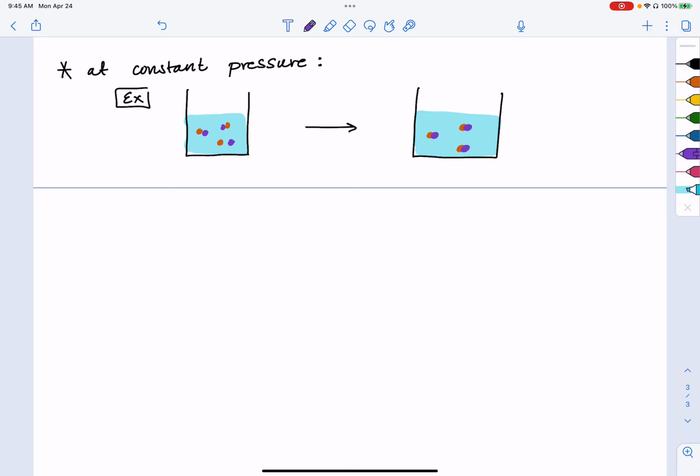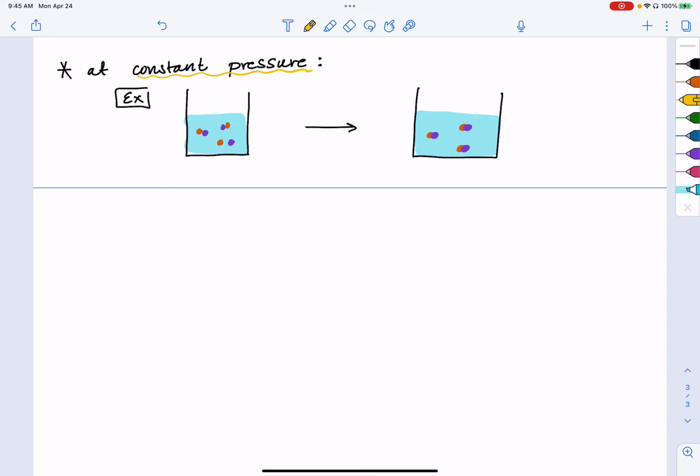So let's think about what makes this particular example of our standard reaction carried out in the lab in an open beaker one that is at constant pressure. When we're in the lab, we take great care to try to control as many of our lab condition parameters as possible.